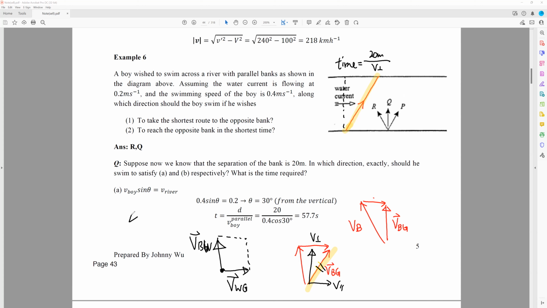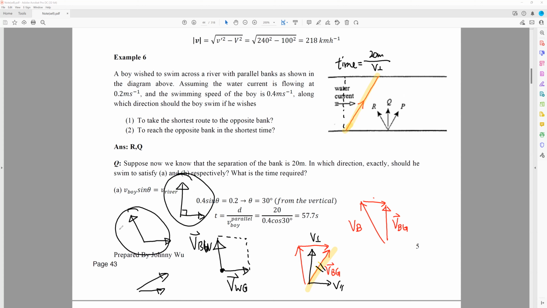Can you draw the arrow? Should the VBG be in this direction, or in this direction, or in this direction? Which one? It should be this one, right?